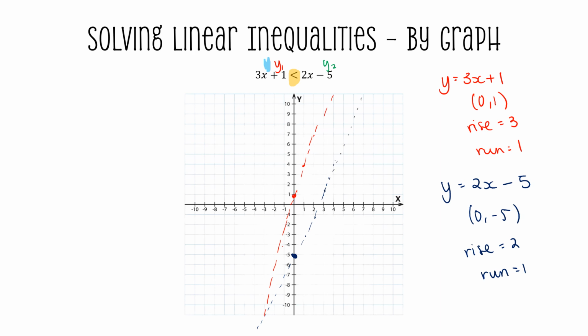Now, these were drawn really badly. However, they will end up intercepting at a point which for this one you can find by solving by hand. But if you were given a calculator or a graphing tool, you could use that to then find their point of intersection.